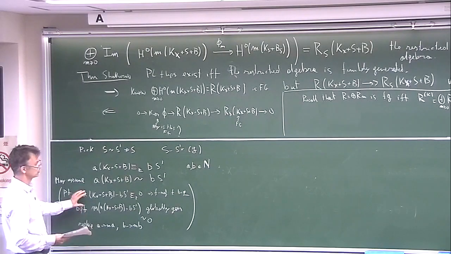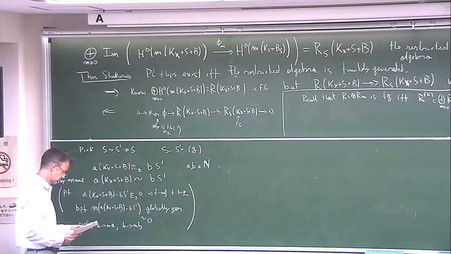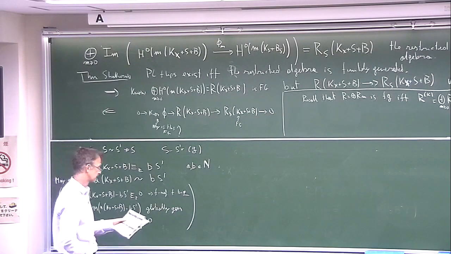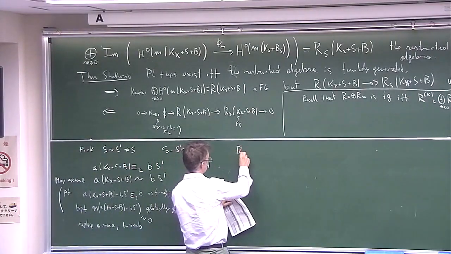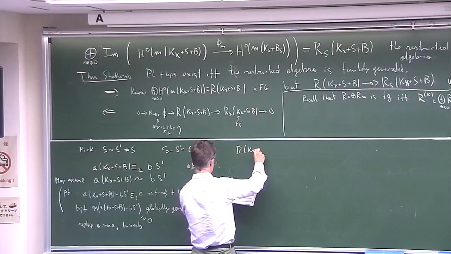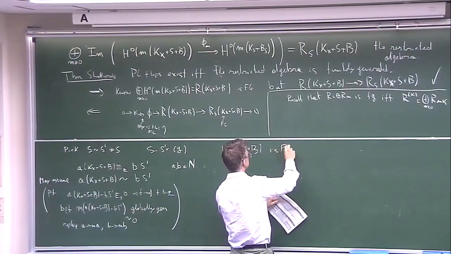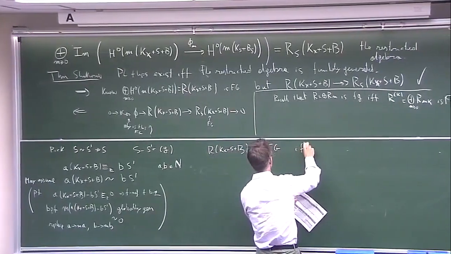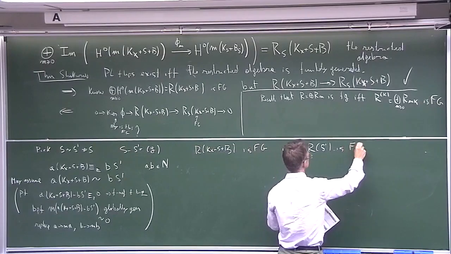So really here I'm using that I have a final contraction to apply the base point free theorem. So now, the ring R of (K_X + S + B) is finitely generated if and only if R of S prime is finitely generated.